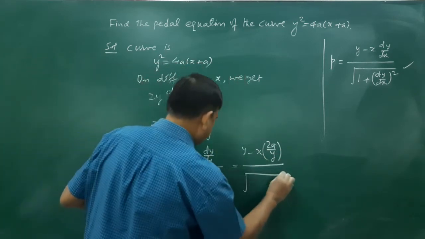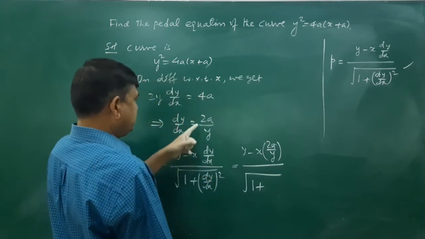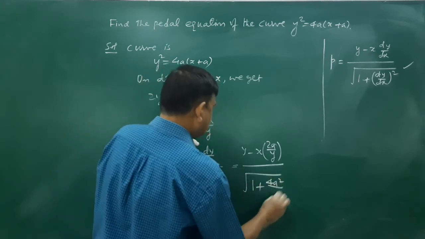This is root 1 plus dy by dx whole square, so it is 4a square upon y square.